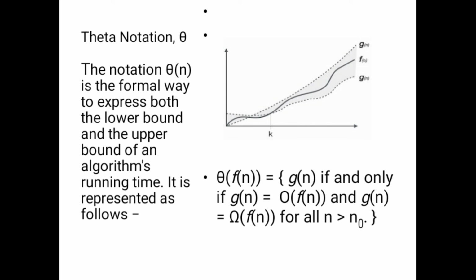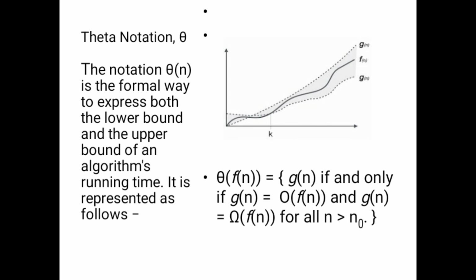So asymptotic notation is nothing but the mathematical representation of the performance of the algorithm with respect to input size. And we classify the asymptotic notations into three types: big O notation, omega notation, and theta notation.